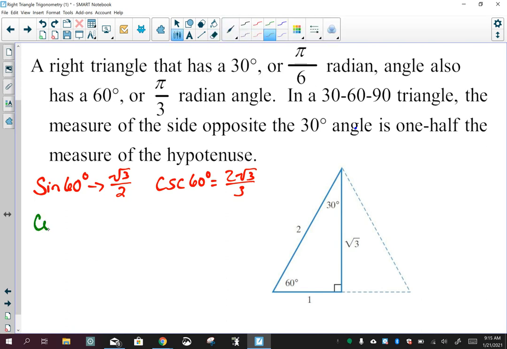For cosine of 60 degrees, your cosine of 60 degrees is adjacent over hypotenuse, which is 1/2, which means that your secant of 60 degrees is simply going to be 2.